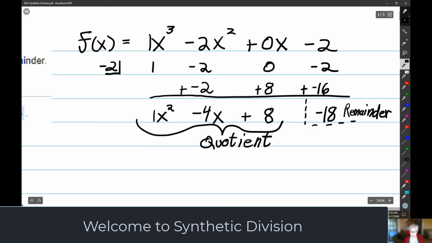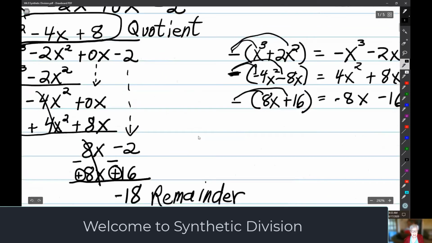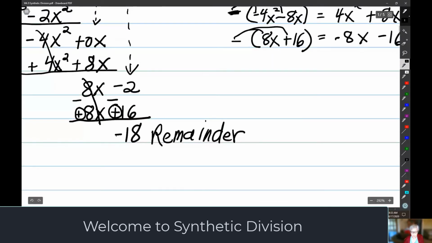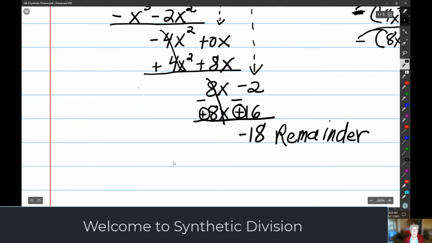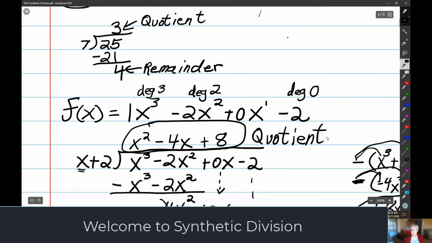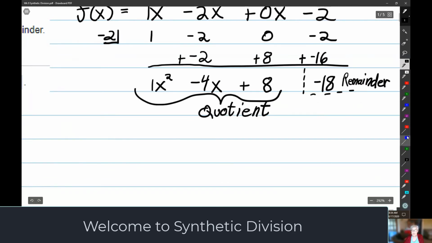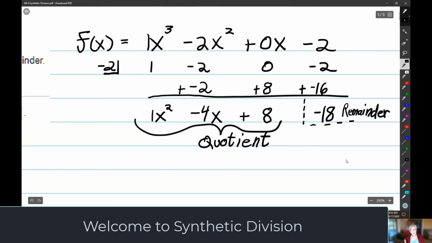And if I did everything correctly, we will get the same exact answer. We have the same exact remainder. We have the same exact quotient. But this is tons easier and quicker than the other thing.